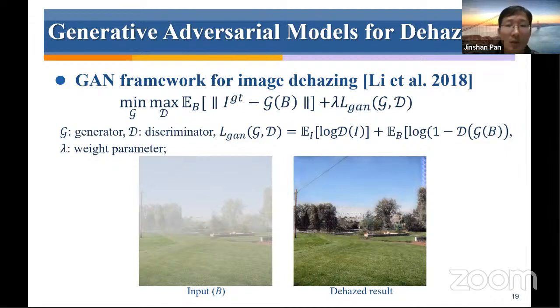So the answer is no. If we carefully analyze the GAN-based methods for image restoration, for example, in image dehazing, although it is able to remove haze from this hazy input, it also introduces artifacts. And we also found that these artifacts usually lead to results that do not satisfy the degradation model well.